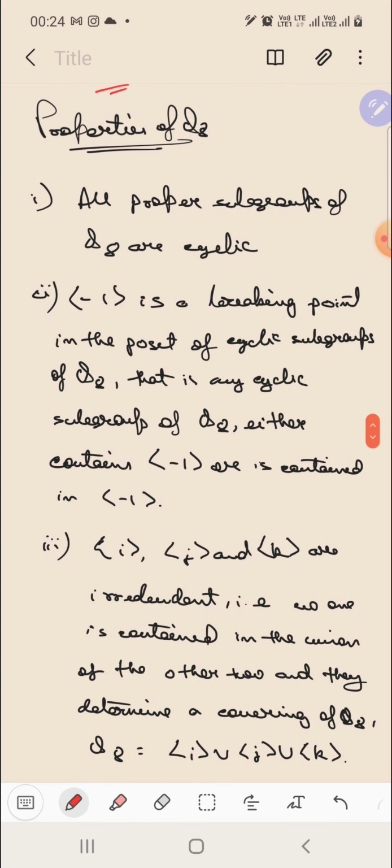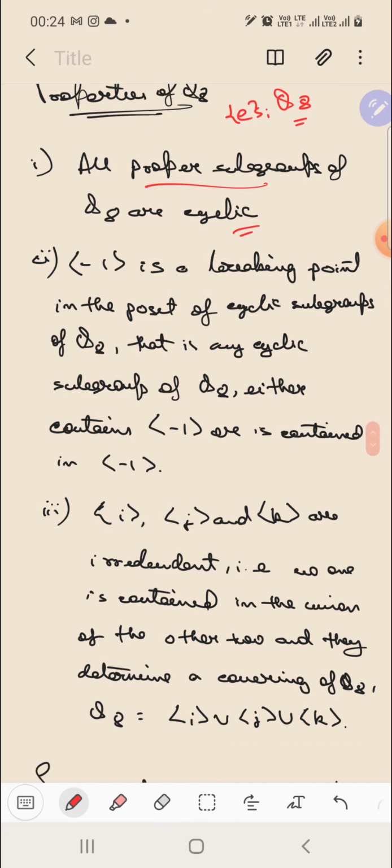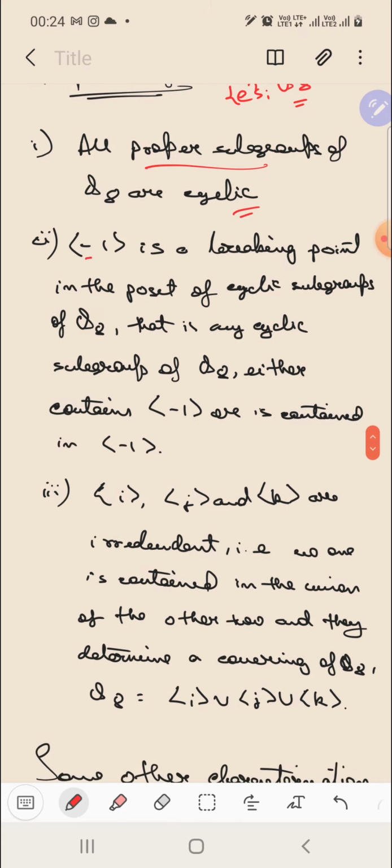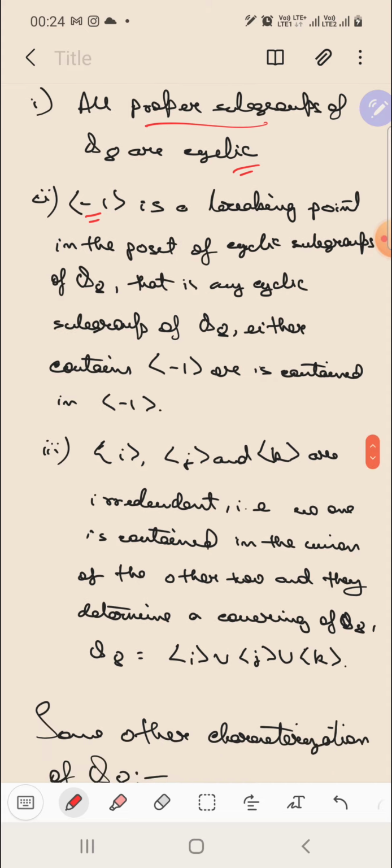Let us talk about the properties of Q8. All proper subgroups of Q8 are cyclic. What is a proper subgroup? Any subgroup except the identity element and the group itself is called a proper subgroup. The cyclic group generated by -1 is the breaking point in the poset of cyclic subgroups of Q8. What does that mean?